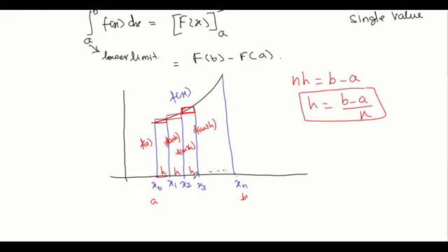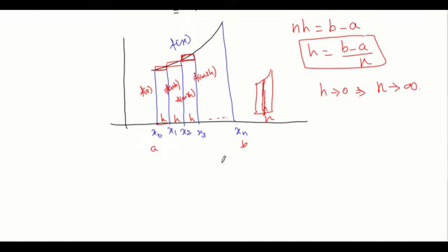When this h approaches 0, what will happen? This is h. When h approaches 0, it will become a single strip. Then when h approaches 0, obviously n tends to infinity. Now see children, I want to get this area. So what will I do?